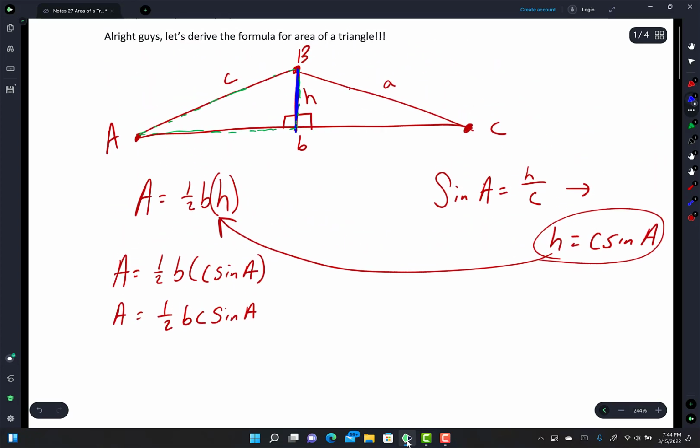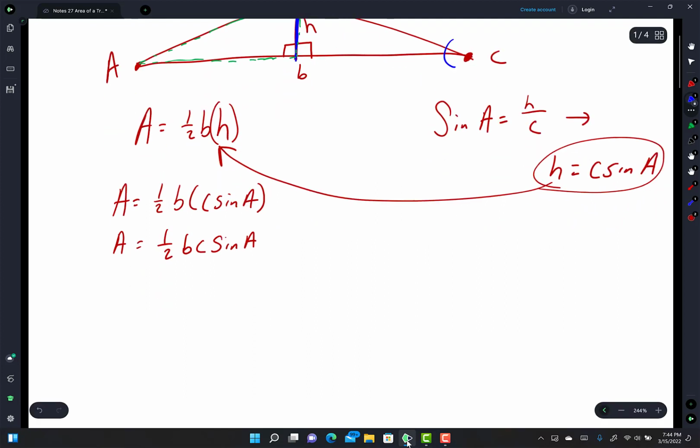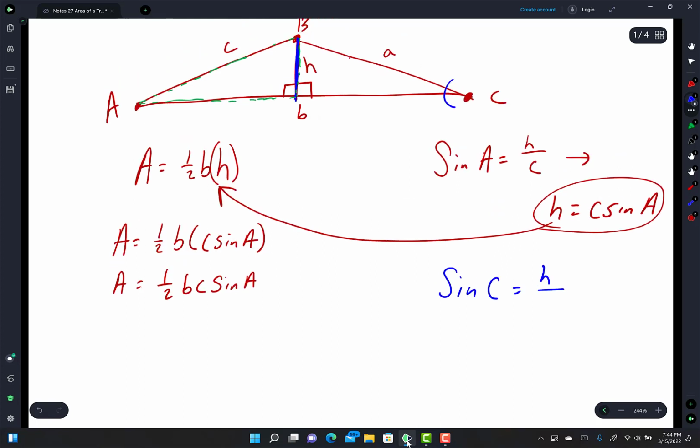Now, what if I use a different vertex? Because of the way I drew all this, vertex C would be the easiest one to use. Well, I can say sine C is equal to opposite H over hypotenuse A. I'm looking at this one now.